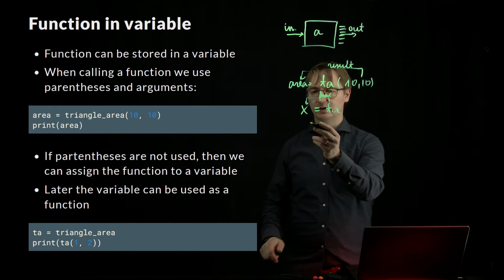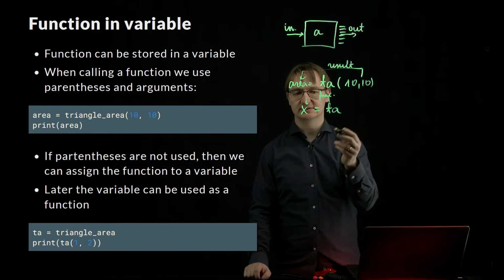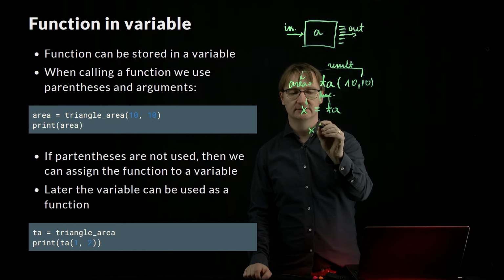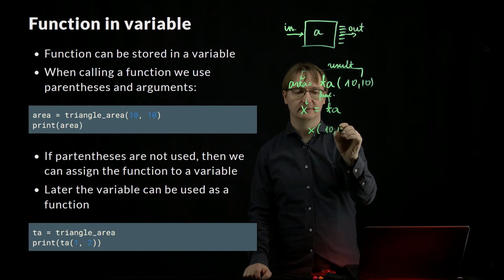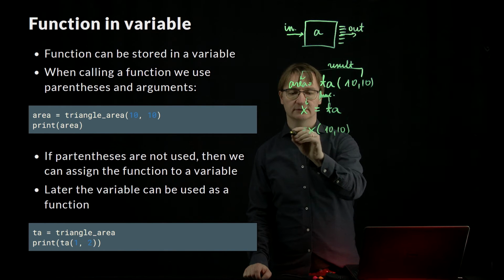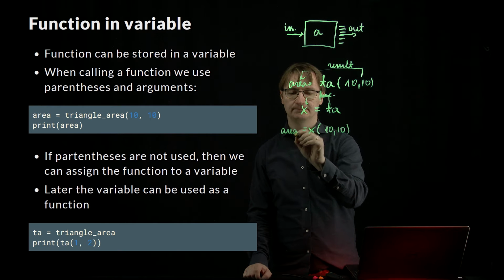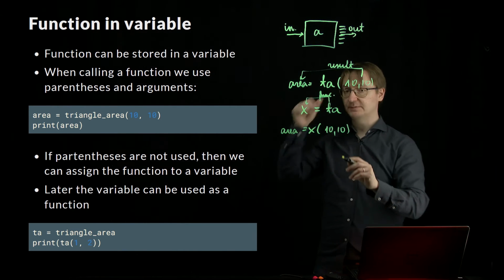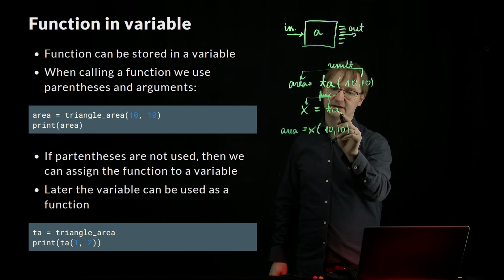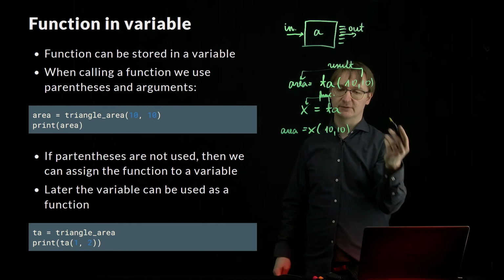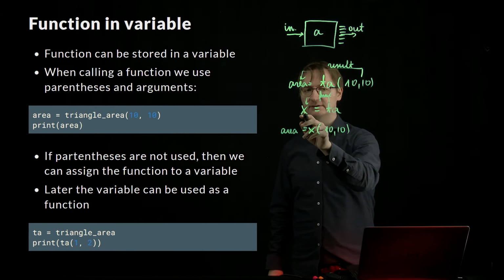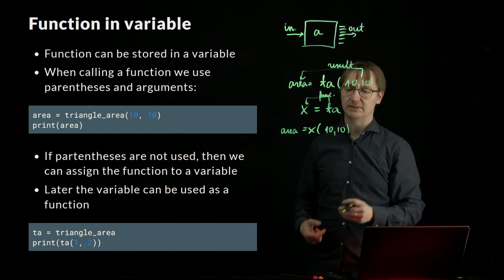But what I can do, I can use the x now as the function. So I can do x of 10 and 10, and I can put it also into area. So now what has happened is that triangle area is the name of the function, and also the x points to the same function in memory.